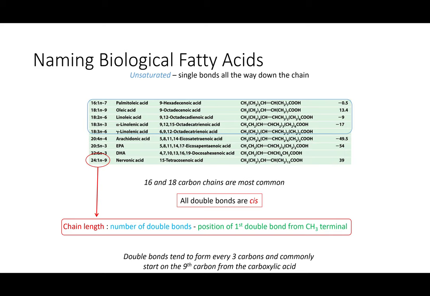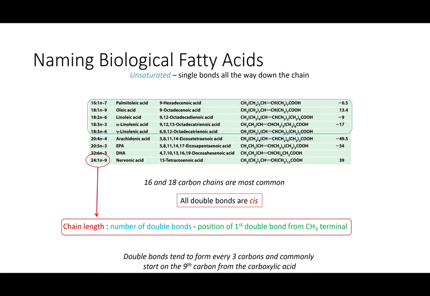The really big theme is that when double bonds are present, they tend to be spaced by 3 carbons. They're always spaced out by 3 carbons, and they're always cis, so we don't have to worry about naming cis or trans. If there's more than one double bond present, they're always going to be spaced by 3 carbons, which means we can come up with a very simple convention to name these things.